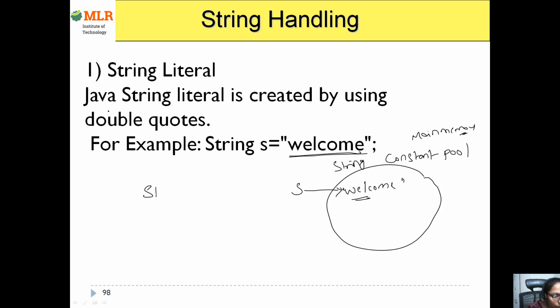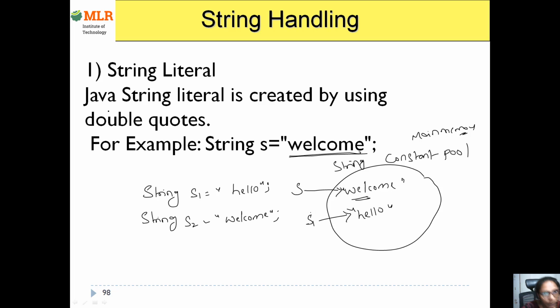Now I am doing String S1 is equal to hello. Here also I am directly assigning, so S1 will now point to hello. Hello is also stored in the constant pool only. Now I am creating one more string S2, whose value is welcome again. First it will check whether the welcome value is there in the constant pool or not.